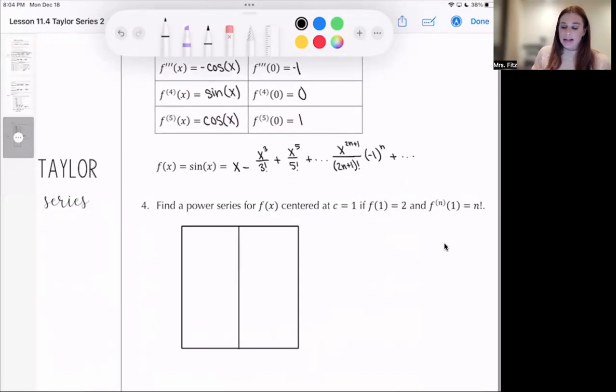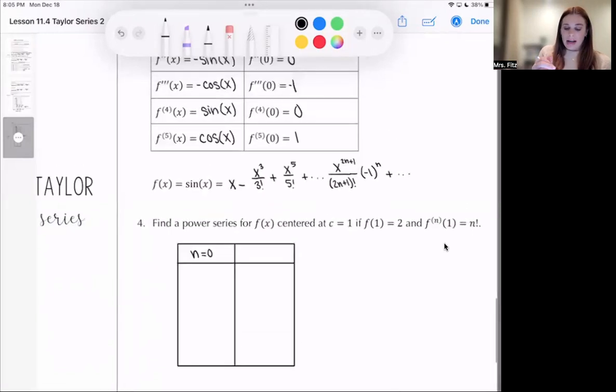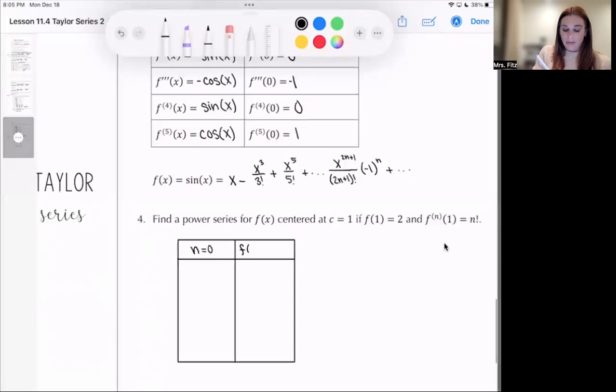Okay, so n is the derivative number, right? So when n equals 1, it's the first derivative, but it actually gives us that derivative using the formula. So I'll show you in a second. The first one, if n equals 0, that's the 0th derivative, which is just f of x. And so f of 1 is given to us as 2, right?